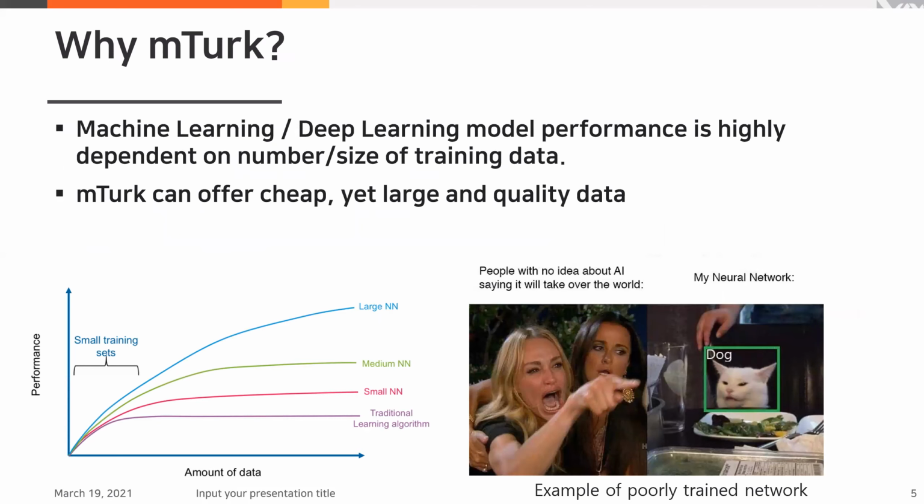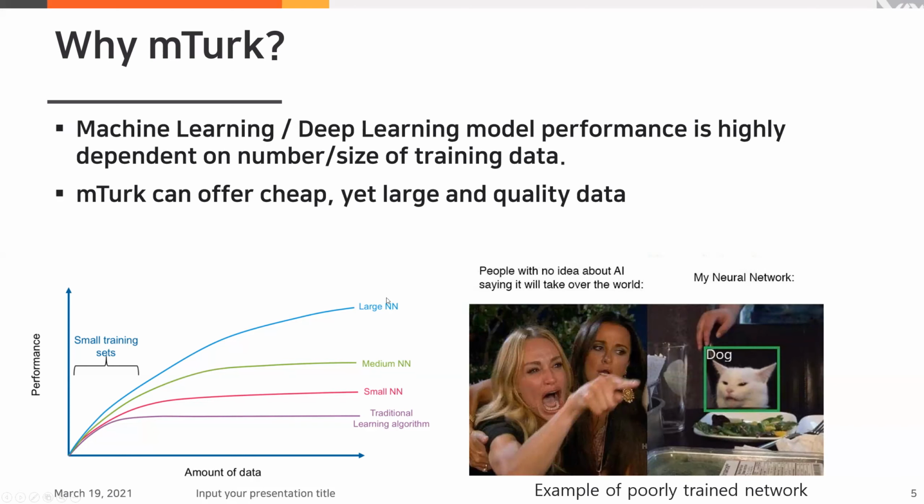So the reason why a lot of ML and DL researchers use mTurk is that the model's performance is highly dependent on the number and size of training data. So many of you may know this diagram, as you may have seen in deep learning classes.